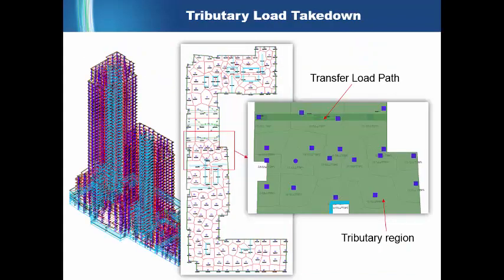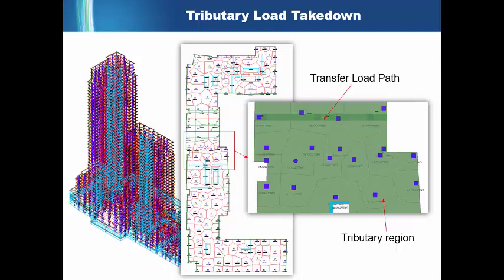ADAPT Edge, the multi-level component of the Builder solution, has a patented tributary load takedown calculator. This feature can be used for any complex layout, and the patented approach allows the user to customize the load path for any transfers in your project.